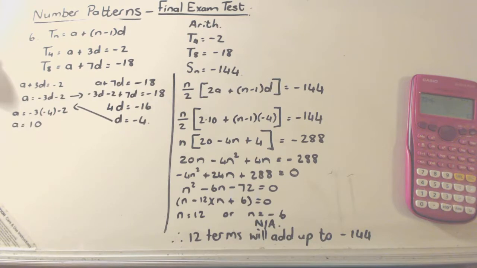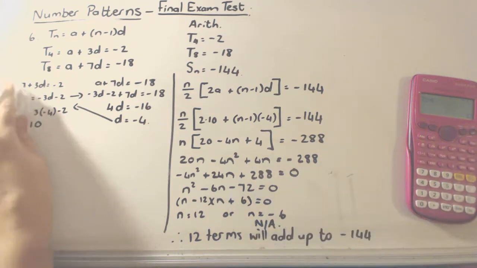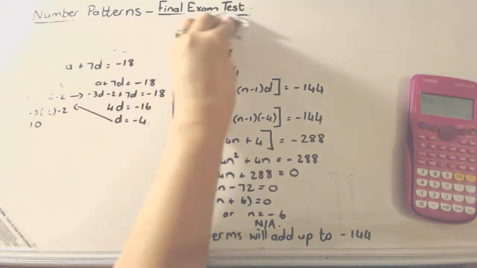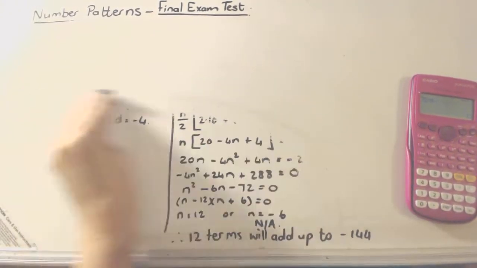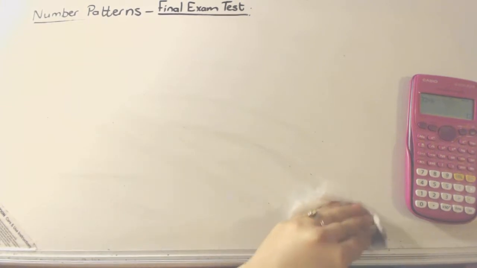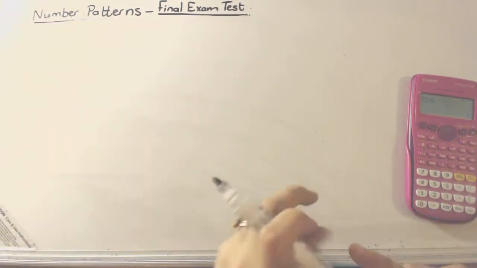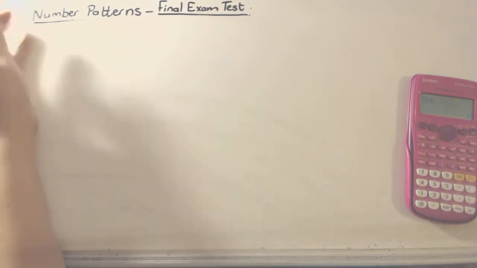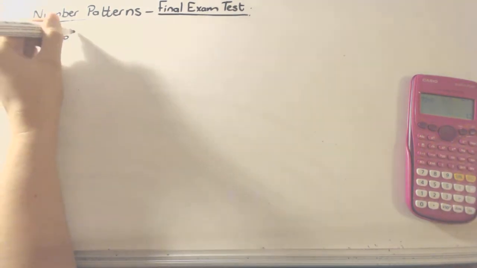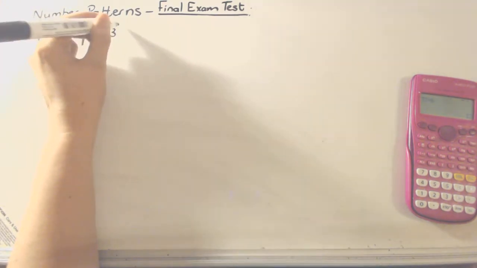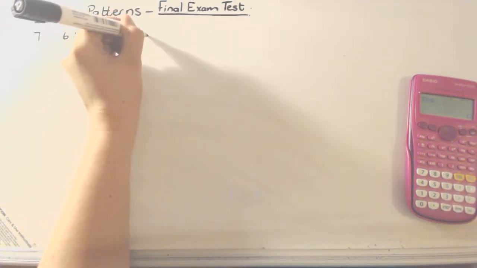All right, so that's question 6. Question 7 is for 5 marks, and it says, given the geometric series 6 plus p plus 3 and 3 over 8 plus, like that.